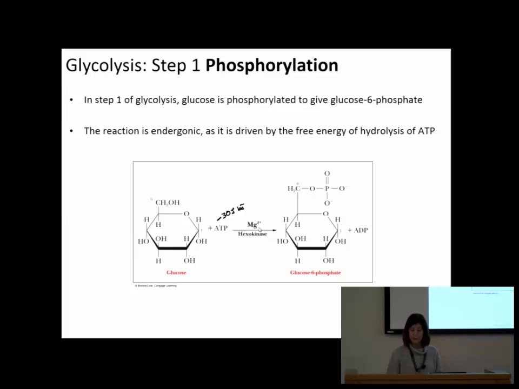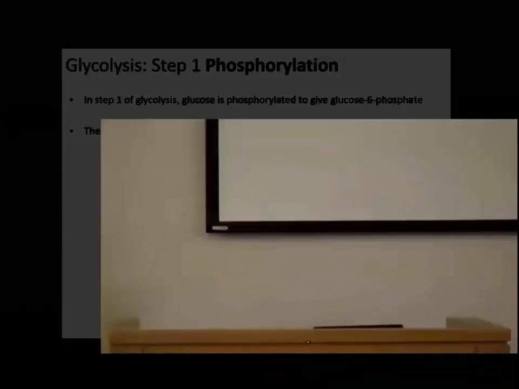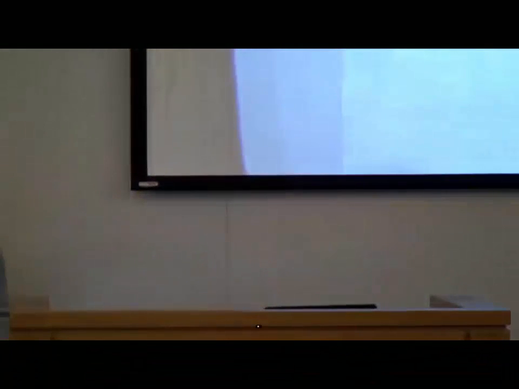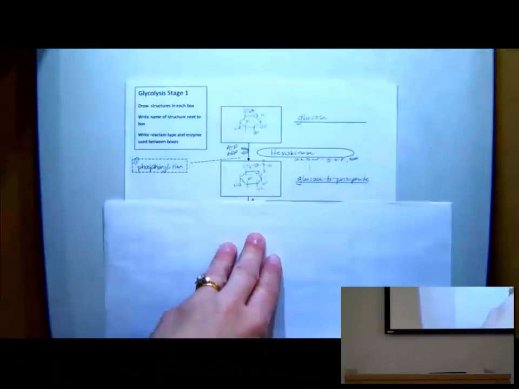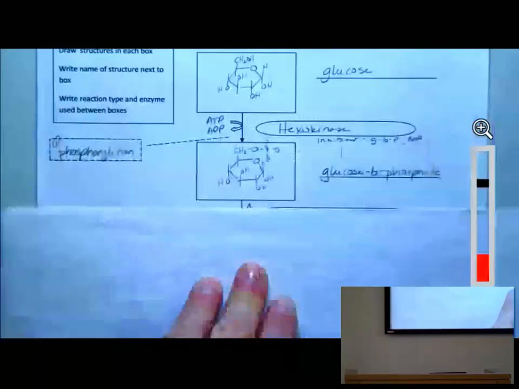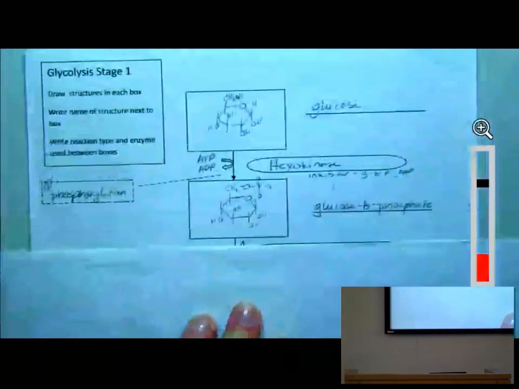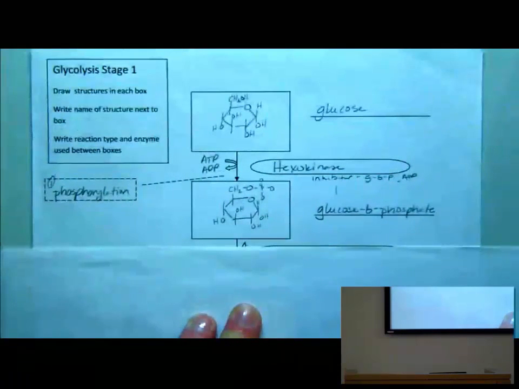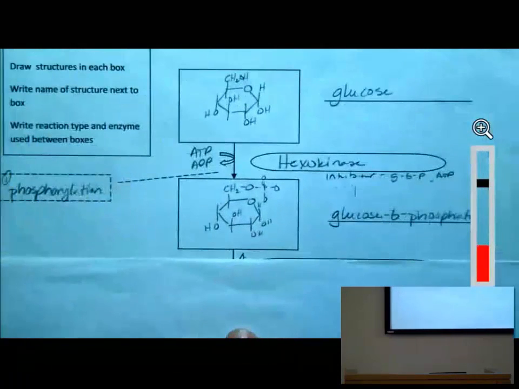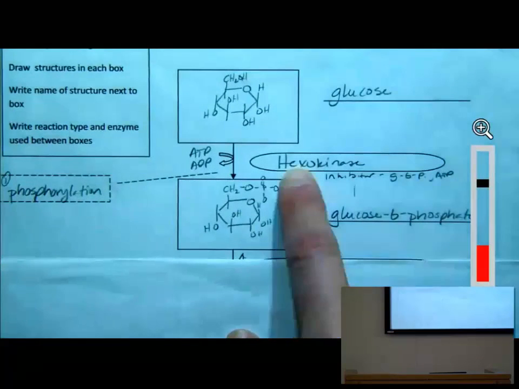So what we're going to do now is go over to our document camera. What I have here is I want you to draw glucose and glucose 6-phosphate.